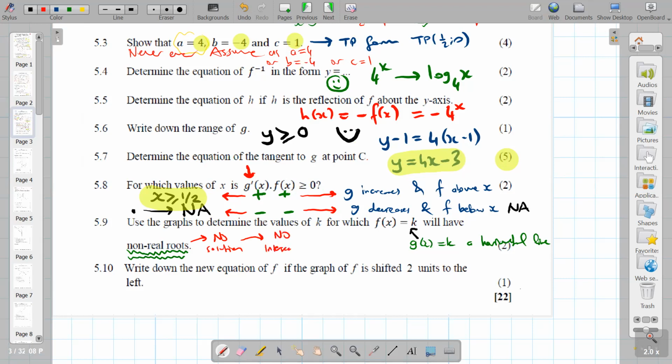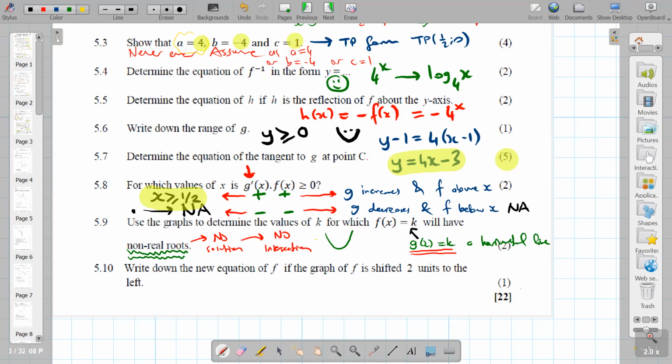So f and g should not intersect in our case, or in other words, a horizontal line we draw shouldn't cut f of x. So what kind of horizontal line does not cut f of x? Remember, f of x was a happy face like that. We can draw many possible horizontal lines.